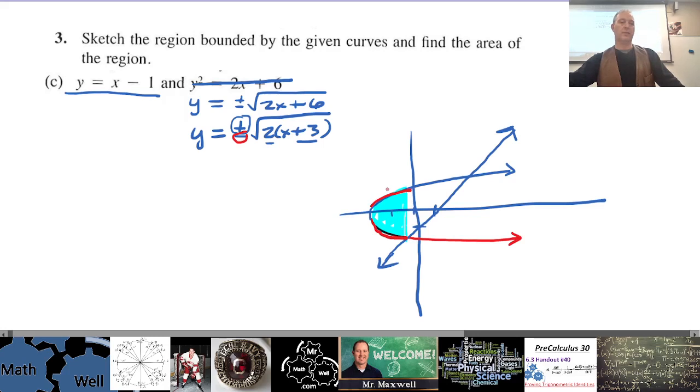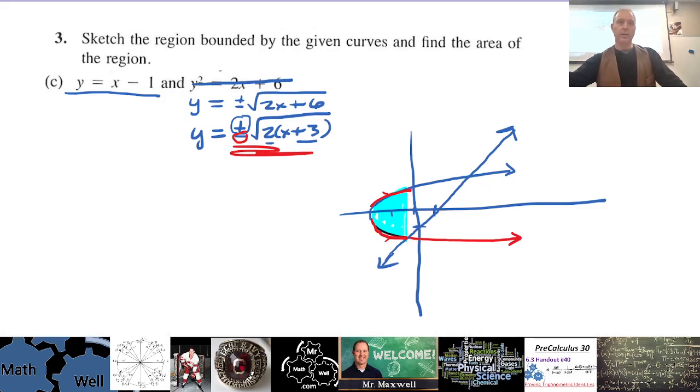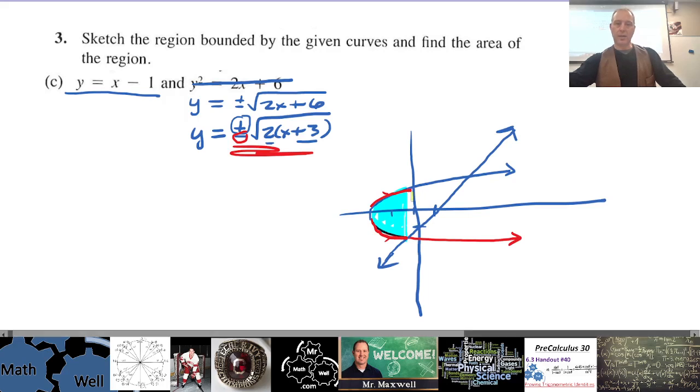So this is the upper bound function and the lower bound function, these two right here. Then I just have 2 sections here, it looks like, because now I have this second section, which has an upper bound there and then a lower bound of this line. So I have 2 sections that I would have to find the area of.